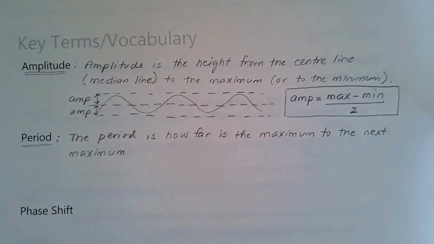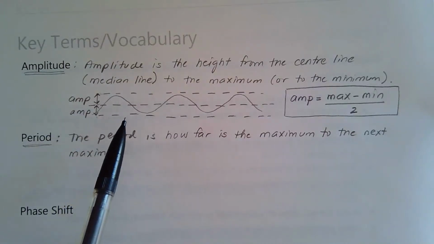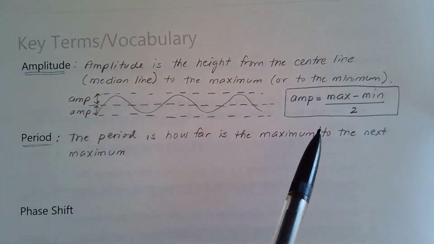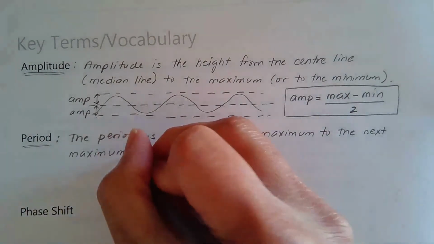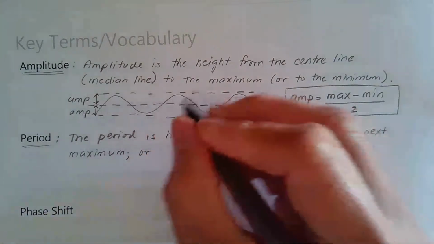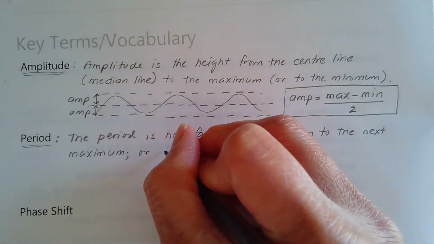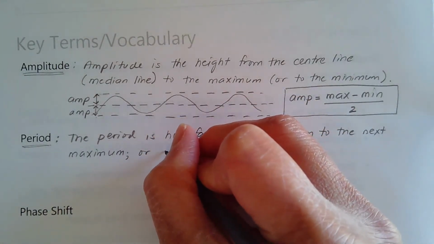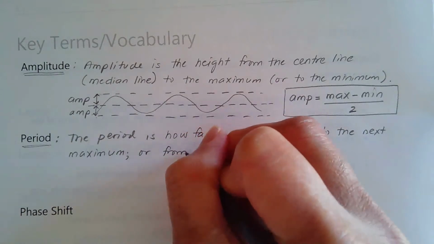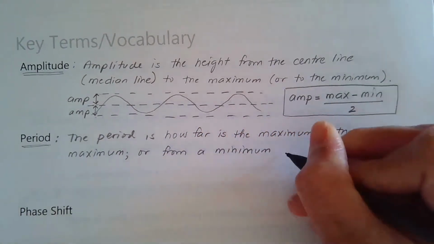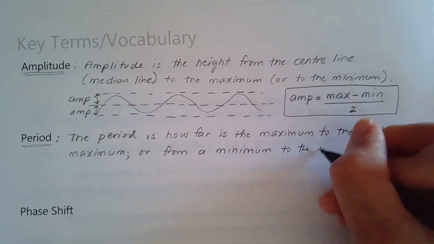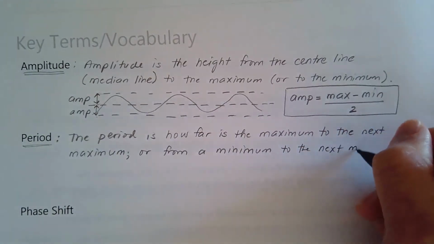Basically, how far is the first maximum to the second maximum, or from a minimum to the next minimum.